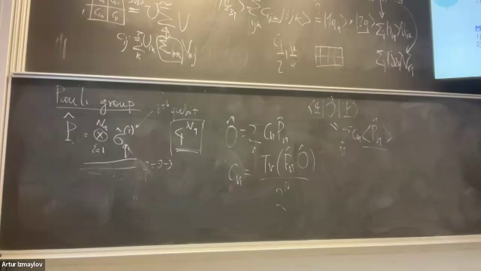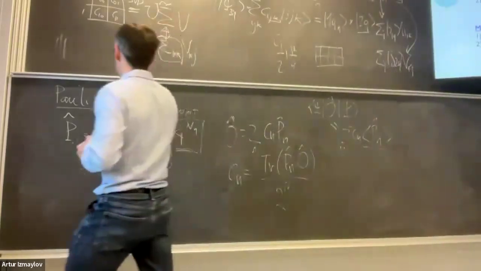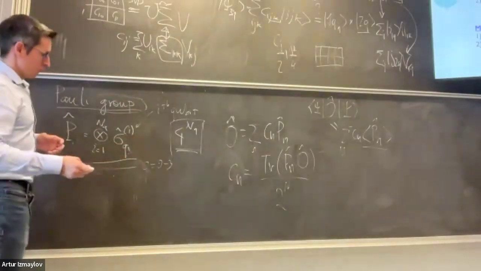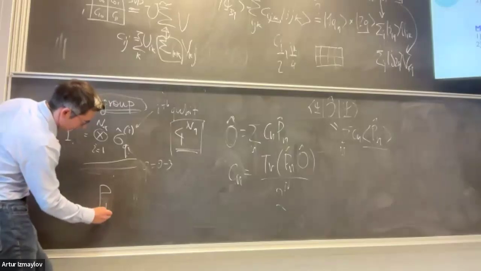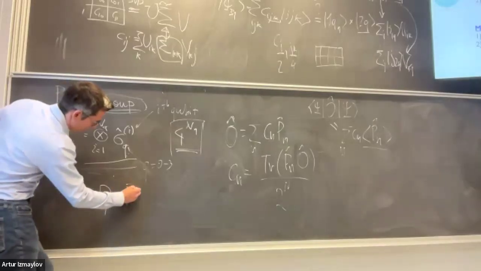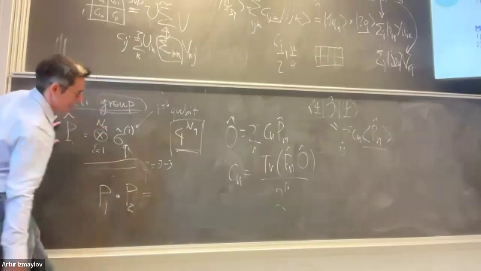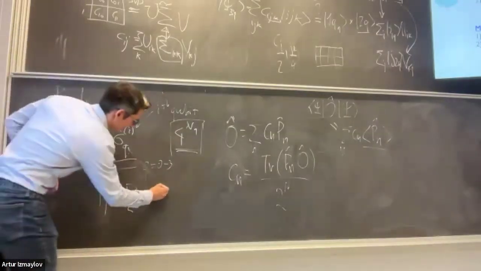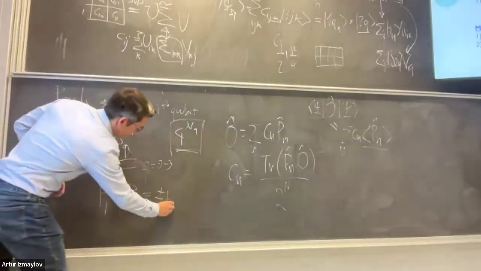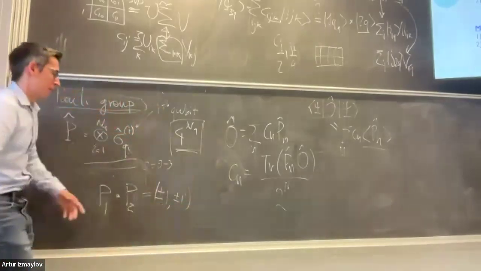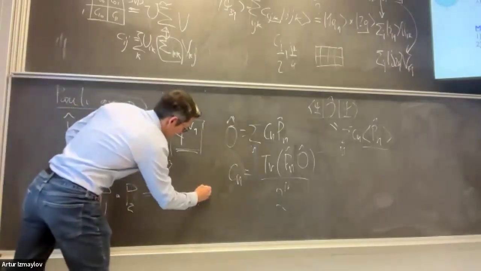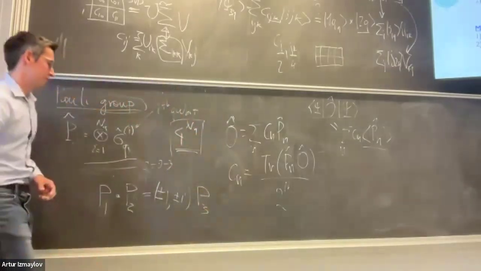Okay, so why do we call this a group? We call this a group because any Pauli 1 multiplied by Pauli 2 gives, up to plus minus 1 and plus minus imaginary unit, yet another Pauli.